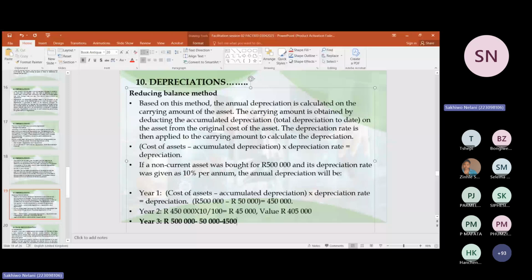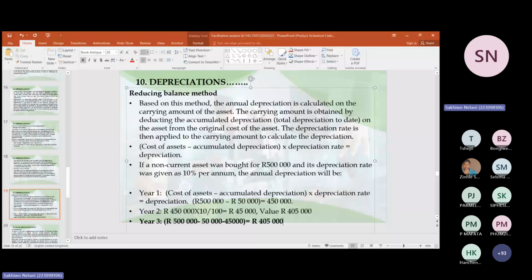If you like, you can follow this long process, but it's important to understand the principle. Obviously, this should be able to give us the 405. 500,000 minus 50 minus 45, then it gives you 405.